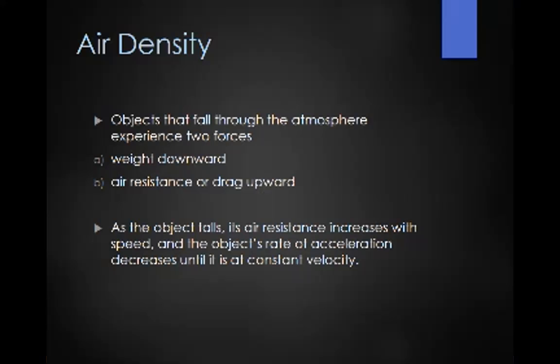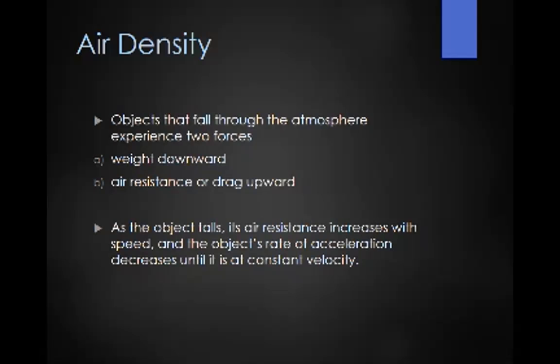Objects that fall through the atmosphere experience two forces: one, the weight downward, and two, air resistance or drag going upward. Because gravity is an acceleration of g, 9.8 meters per second squared, as the object falls, its velocity increases. As its velocity increases, so does its air resistance, and the object's rate of acceleration decreases until it falls at a constant velocity.